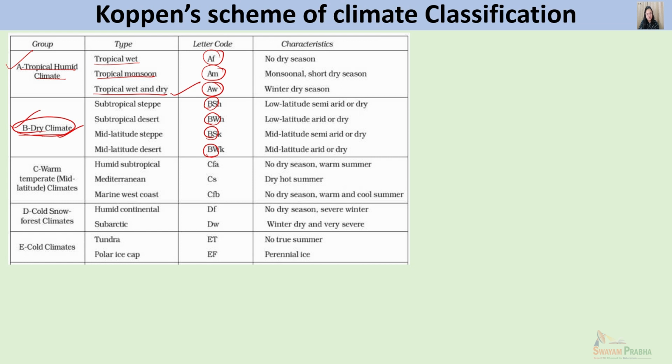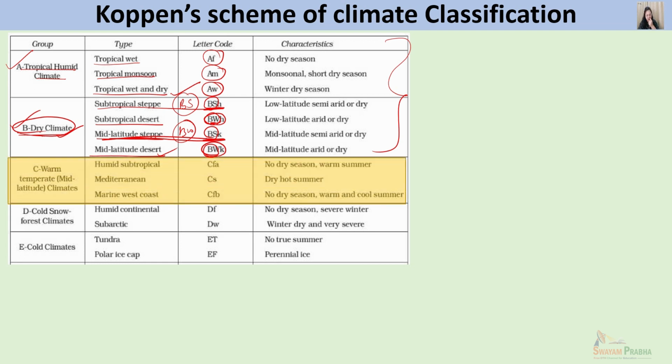And here we have also learned about the third subcategorization of BS and BW categories also into BSh and BSk, which is subtropical steppe climate and mid-latitudinal steppe climate, whereas the BW category was further divided into BWh, which represents subtropical desert climate, and BWk, which represents mid-latitudinal desert climate or the cold desert type of climate. So we have already discussed the A and B type of categories in our previous slide.